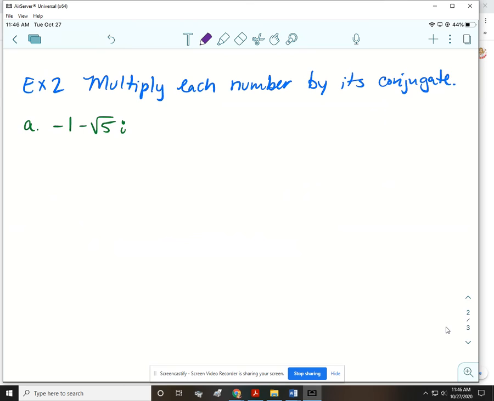Alright, so before we can multiply by the conjugate, we have to find the conjugate. So its conjugate is going to have the same real part, so still negative 1, but then opposite imaginary, so plus the square root of 5i. Okay, so let's multiply these together.